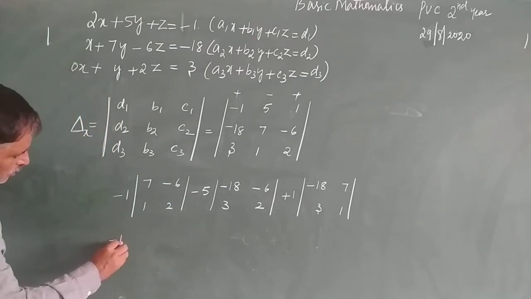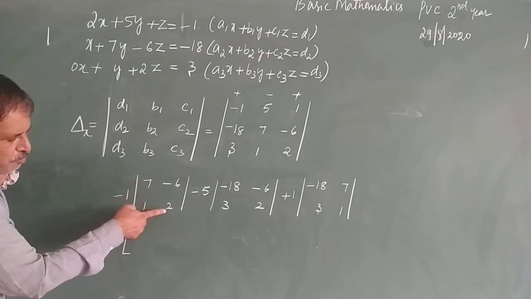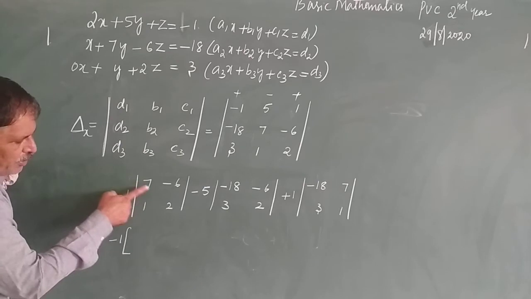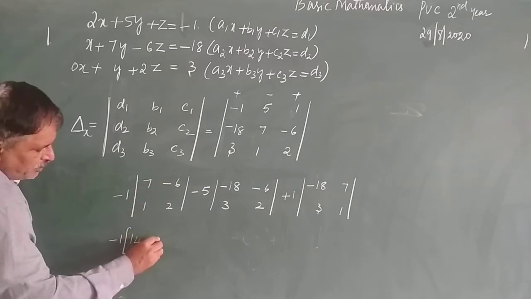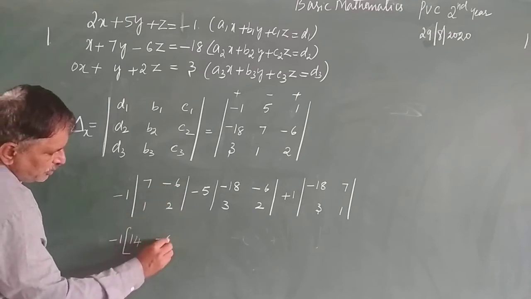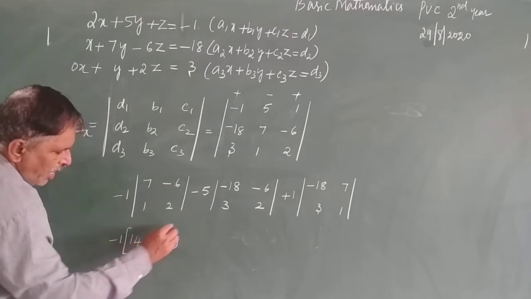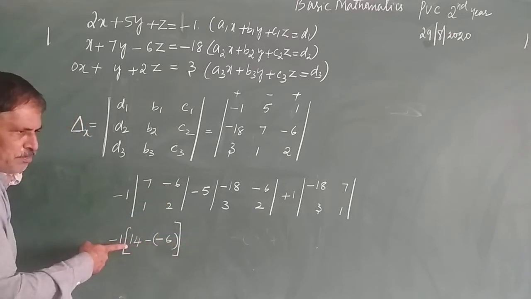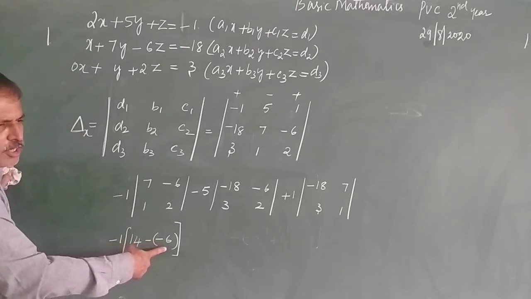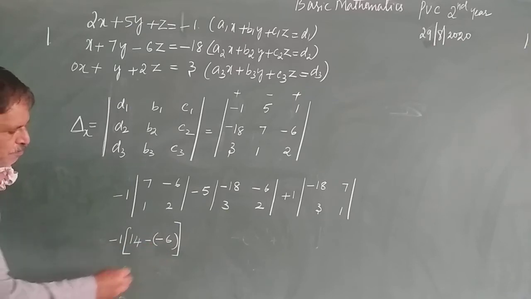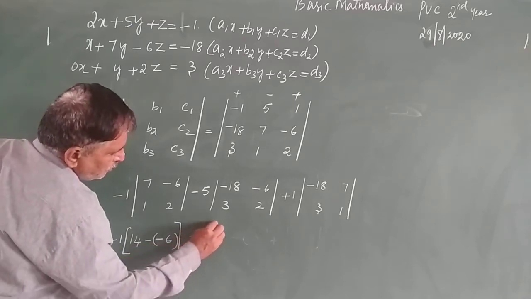Now minus 1. The product of the principal diagonal, 7 twos are 14. Plus into minus, minus. 1 into 6 is 6. In between them, I have to take the minus sign: product of principal diagonal minus product of secondary diagonal. The product of the secondary diagonal is minus 6. Minus 5.